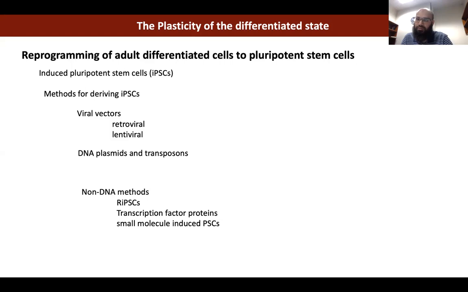So it's important to understand how they function and what the different advantages, disadvantages, or risks associated with them are. Because in a lab-based setting, if you are not injecting any material into a patient or into an organism, then it's okay wherever the viral vectors integrate. But if eventually you want to introduce these iPS cells therapeutically into a human being, then of course these things matter quite a lot.